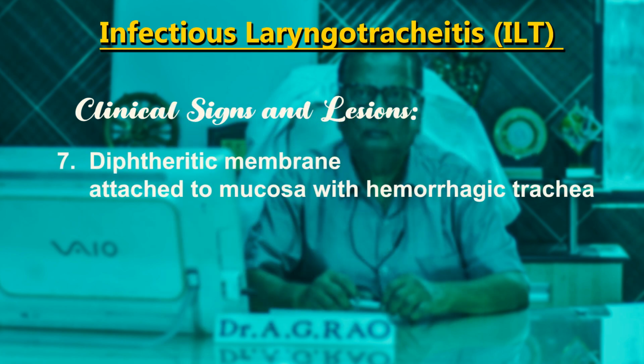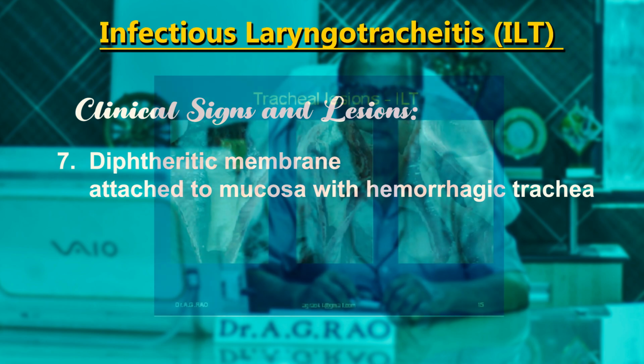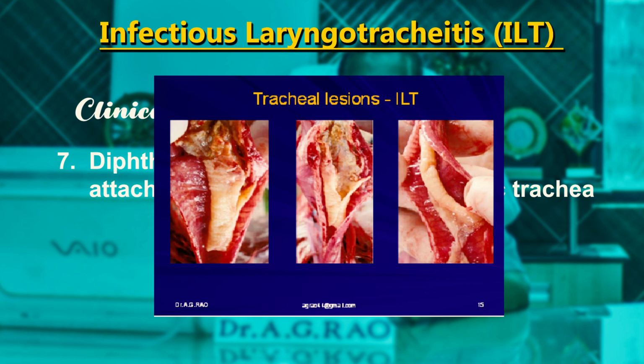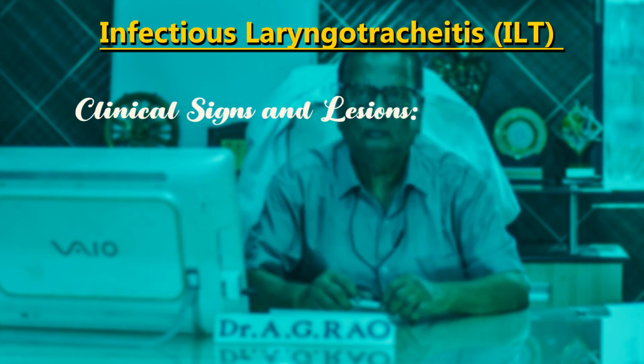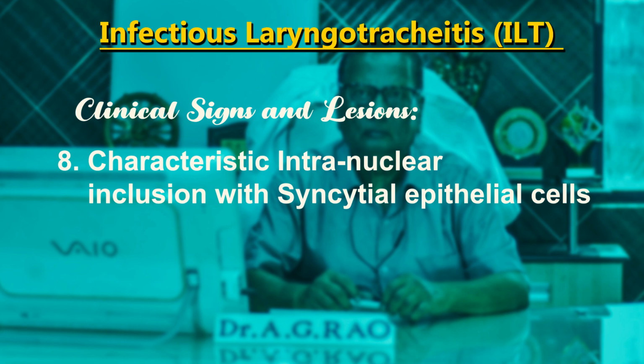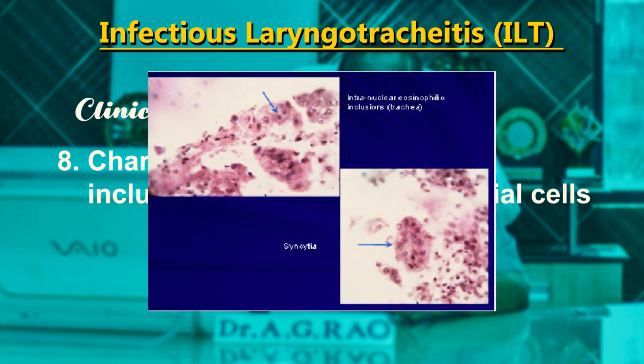There will be presence of thick diphtheritic membrane, necrotic membrane attached to the mucosal lining of the trachea, and the trachea will be quite hemorrhagic. And microscopically the disease can be confirmed by observing the intranuclear inclusion bodies in the epithelial cells, and also there will be fusion of so many epithelial cells causing syncytia.